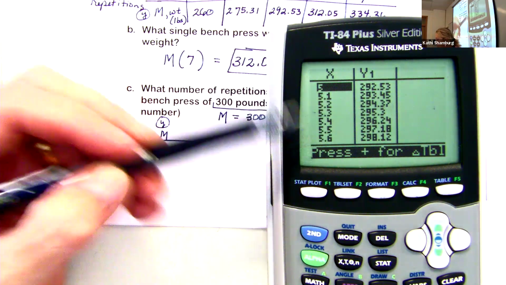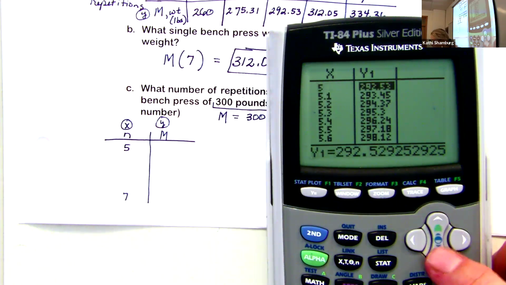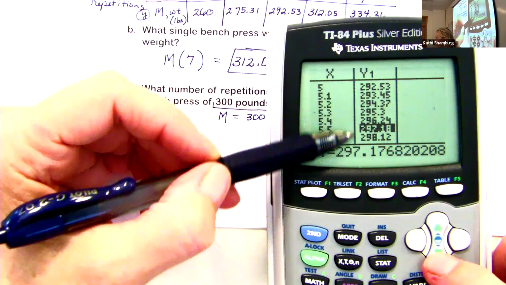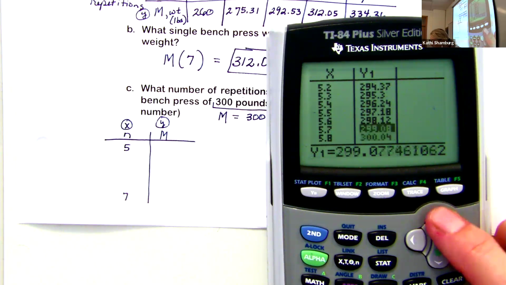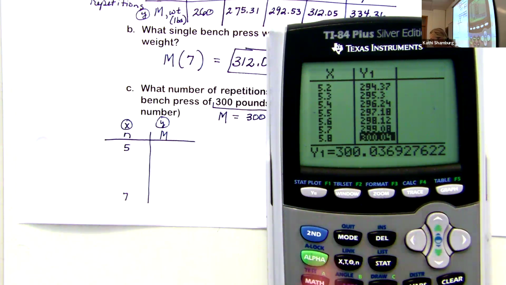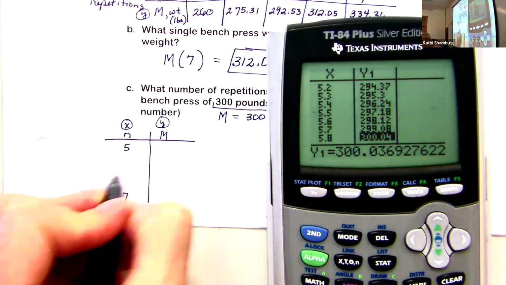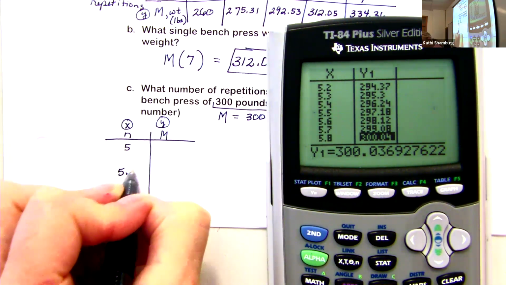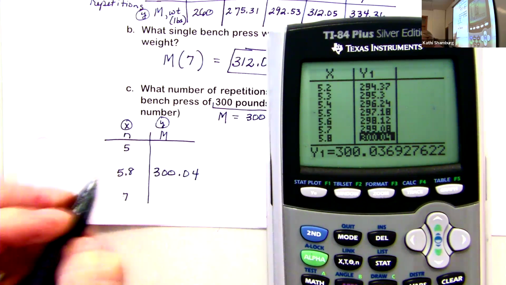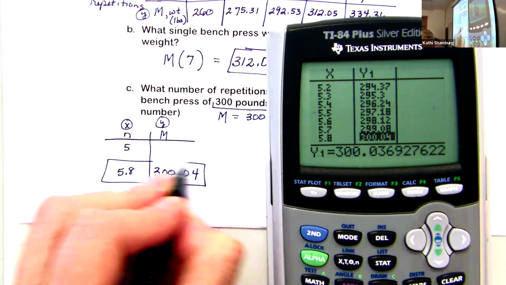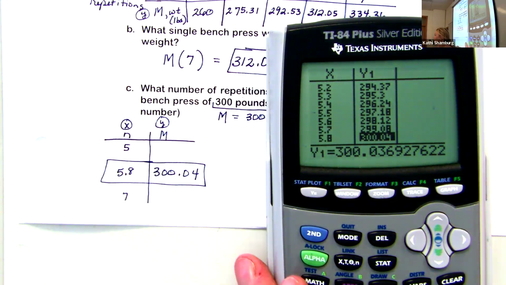Now, we're first most likely going to find something that's an approximation. So we're looking for 300, right? There I get 5.7, 5.8. At 5.8, we get 300.04. So this would be an approximate answer, right?